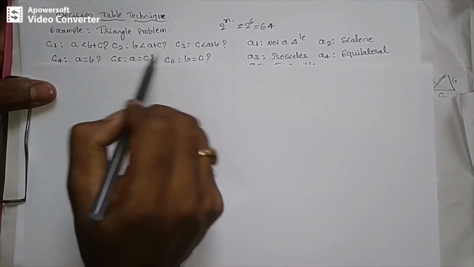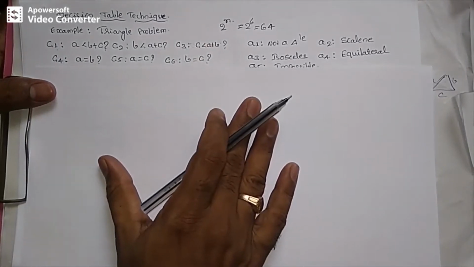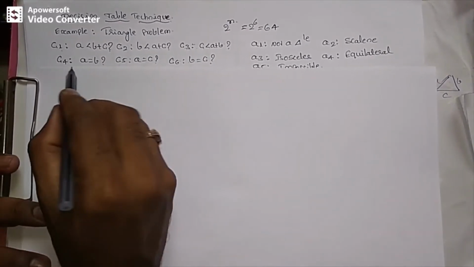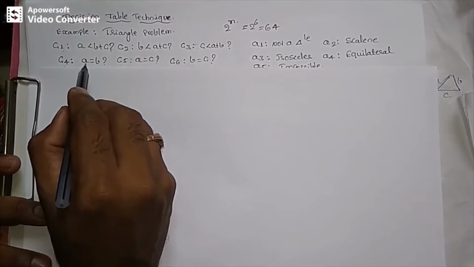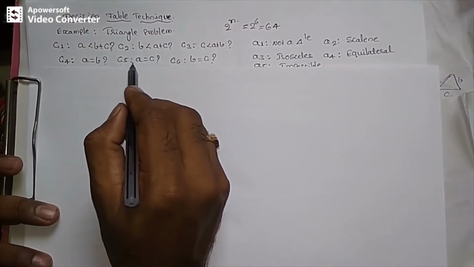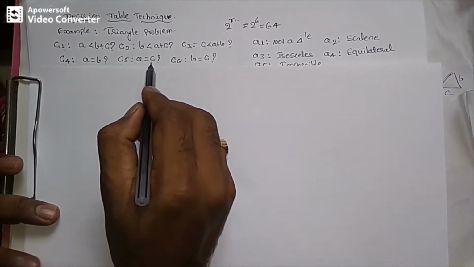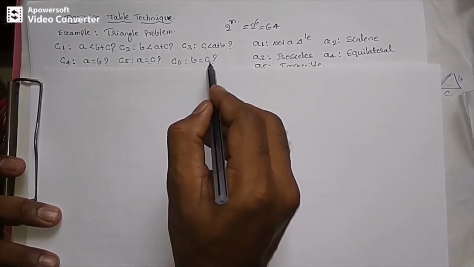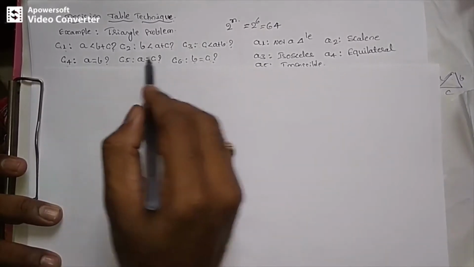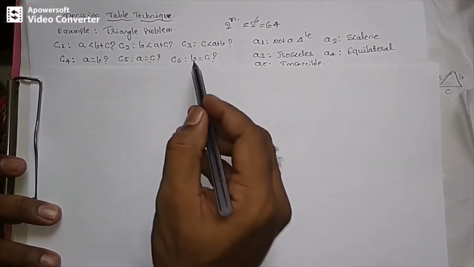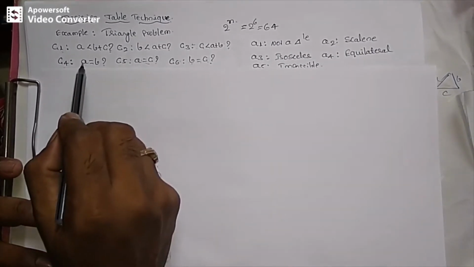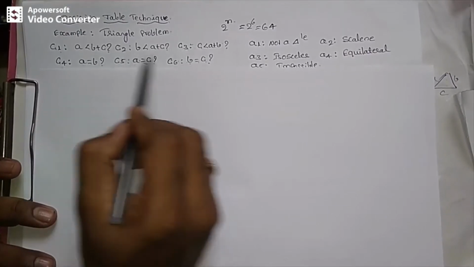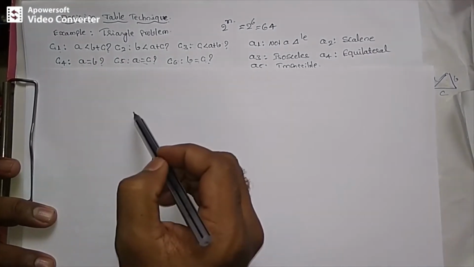Based on the C4, C5, and C6 conditions, we identify whether it is an equilateral triangle, isosceles triangle, or scalene triangle. The C4 condition represents whether A equals B, the C5 condition checks whether A equals C, and the last condition, C6, checks whether B equals C. Any of these conditions may or may not be satisfied. If A equals B is true, so C4 is true, and C5 and C6 are false, then what type of triangle is it?